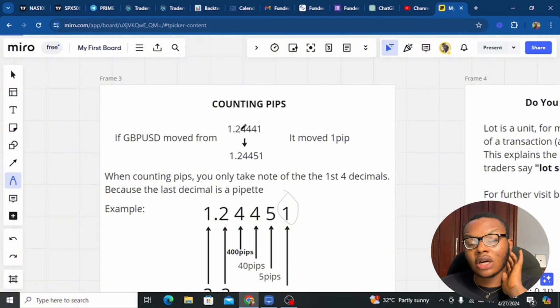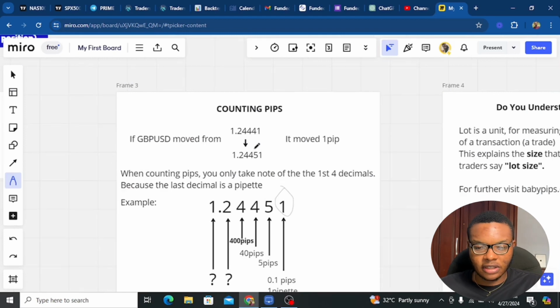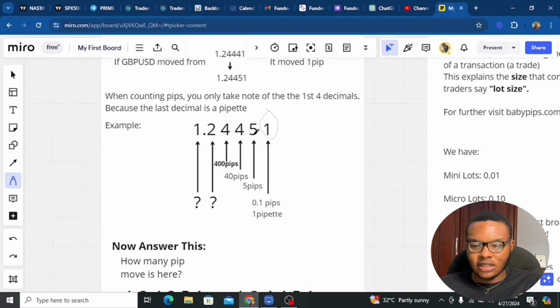If you even take your calculator and take away the whole number and do the decimal, 2,444, subtract that from 2,445, you just have 1. Same thing here. But the reason this is not 1 pip is because we're just saying this based on each individual number here as we go on. I think this is clear.